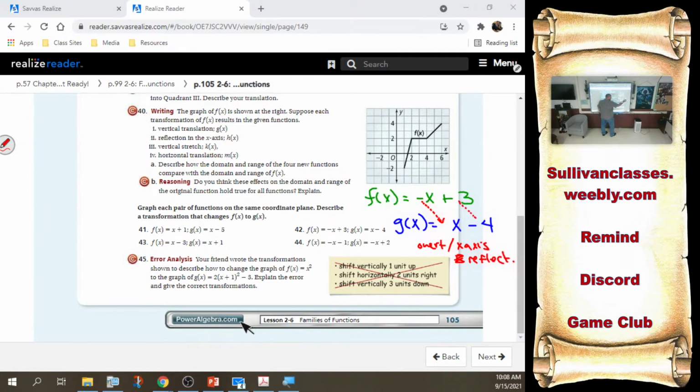A positive 3 became a negative 4 outside of parentheses. What spot is that in? Down 7, subtracted 7 in the K spot. K spot, negative 7, means that is a vertical translation down 7.